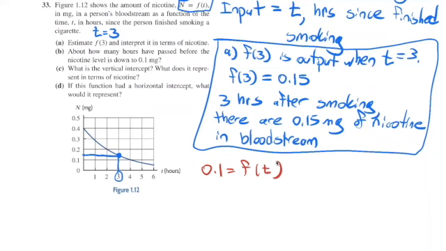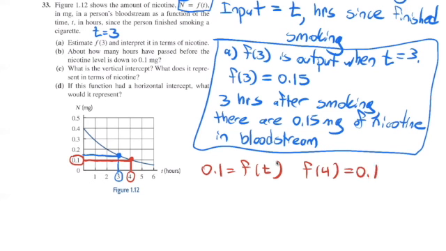When the output N is equal to 0.1, let's approximate what the input value is. Over here, we can see that at this point, when the output is 0.1, the corresponding input is about 4. So here we could say f of 4 is equal to 0.1.